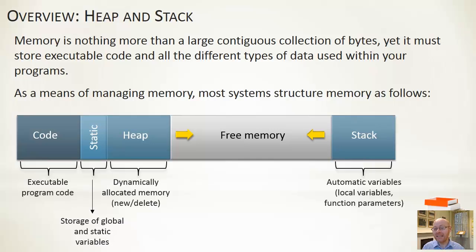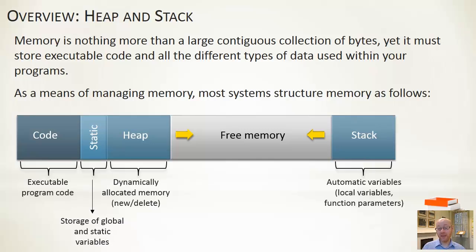So I can create instances of classes, I can store them in the heap, I can store them on the stack. I get to choose where I want to store them. And there will be important implications for that. But at this point in time, we just want to flag up that we have these two different key areas, and they differ in terms of the scope and the type of data that they're intended to hold.